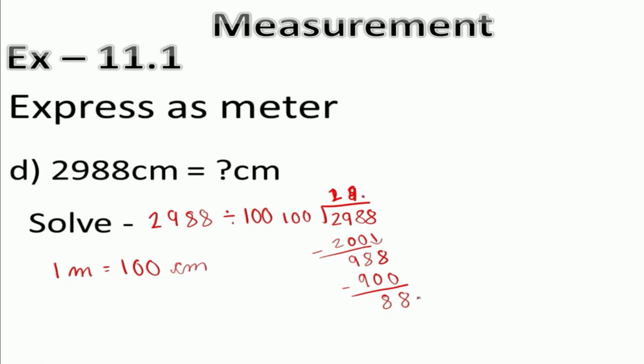Then we add a 0. 800. We subtract, we get 80. We add another 0. Then 100 into 8 equals 800. We subtract and we get 0. So our answer is 29.88 meters.